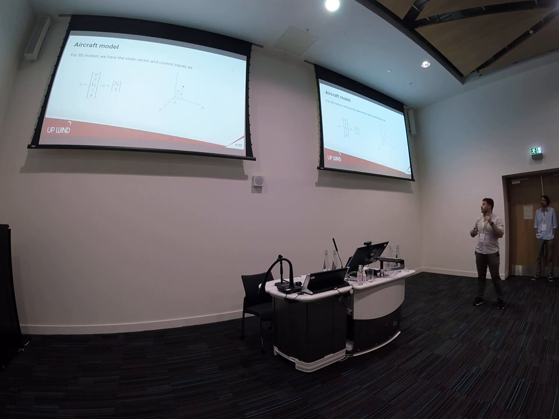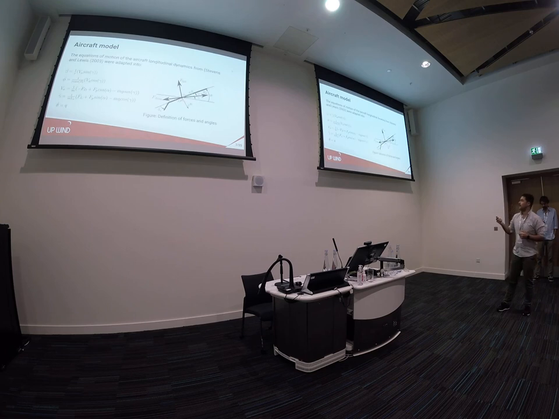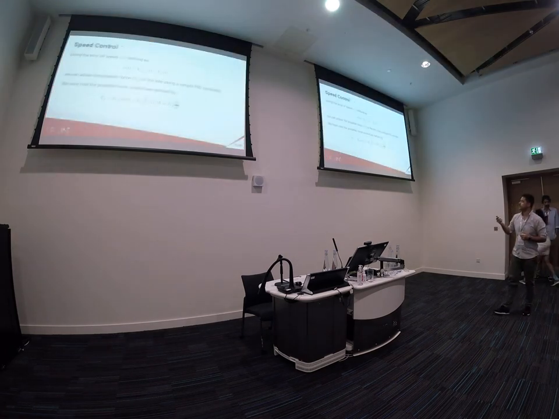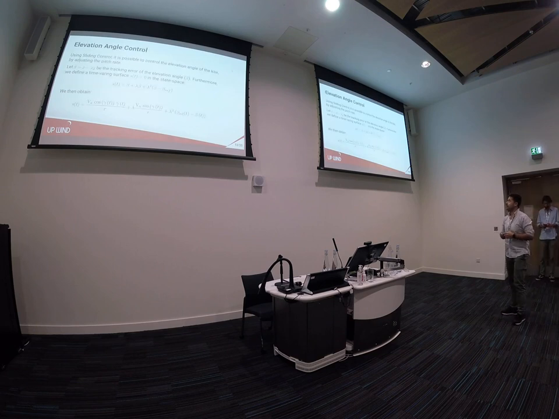So at this stage, we're not controlling exactly the elevator deflection angle. In a future stage we will consider it, of course, because if we want to apply it in a small prototype, we want to control the elevator. So we already have the speed control and now the elevation angle control.